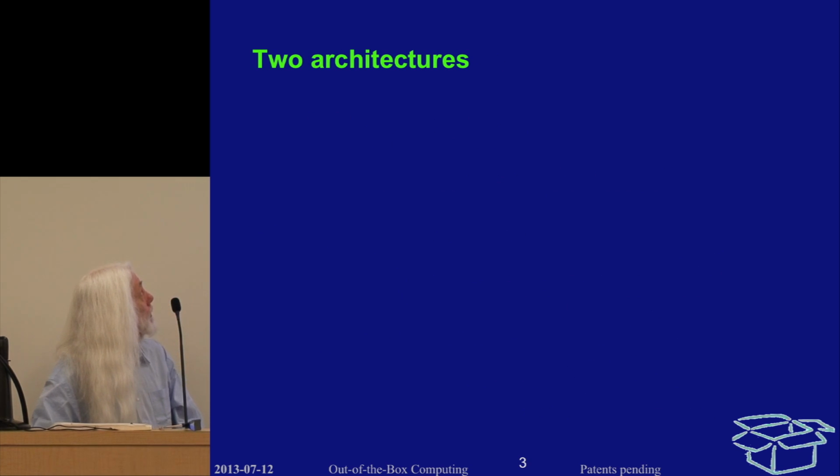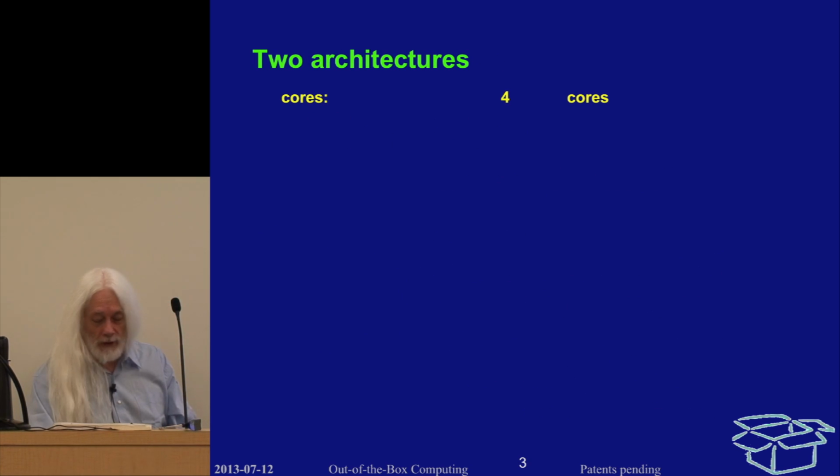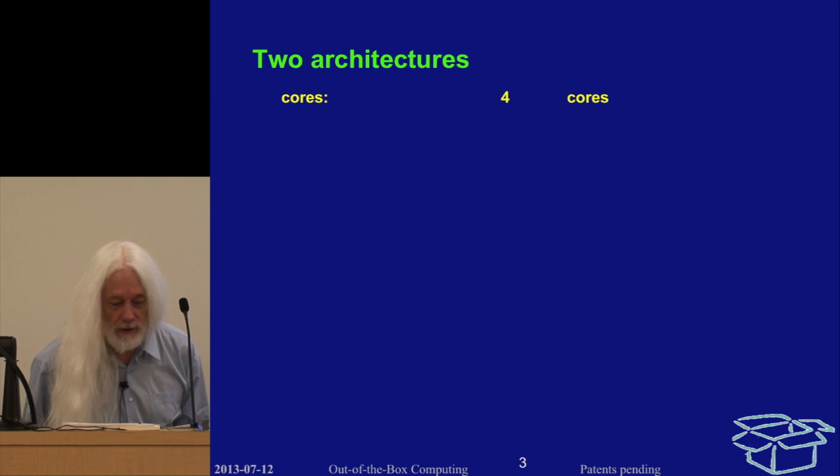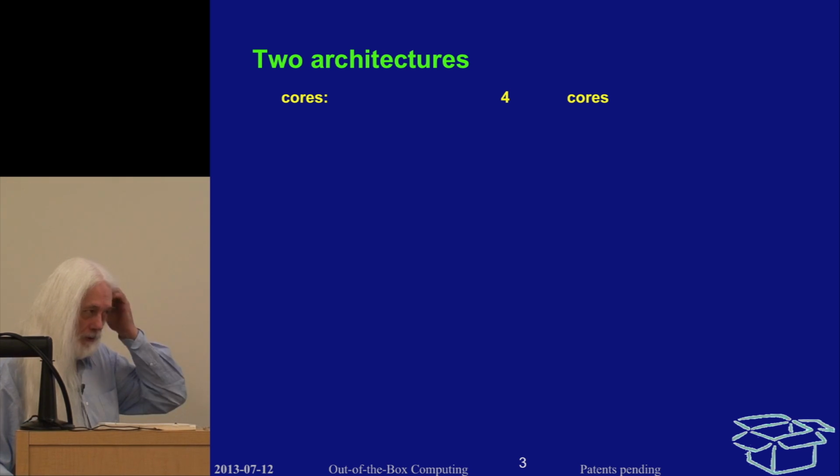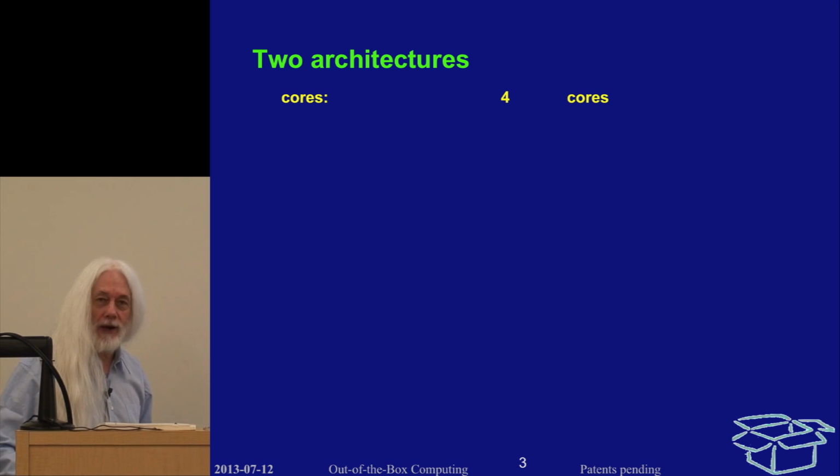To do this, I need to touch lightly on the available choices for architectures which are out there. These are a couple of top of the line, or at least they were top of the line when I went to get the numbers, CPUs from major manufacturers.